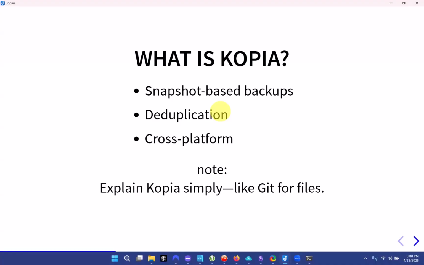If I download an ISO file for installing an operating system, it's 3 or 4 gigabytes, and I may download it to one place, and then another time download it to another place, and then you got two of them. This will prevent that from happening, deduplication.